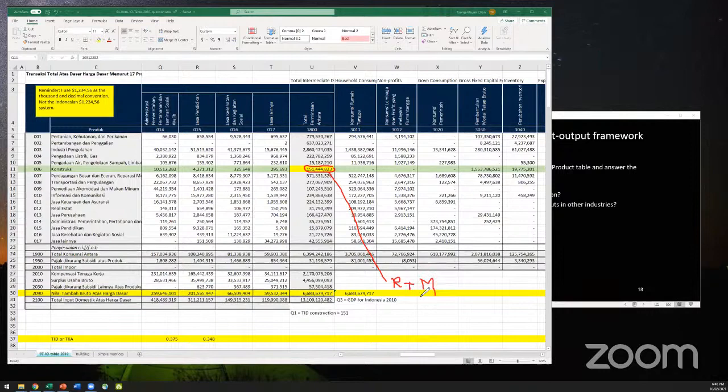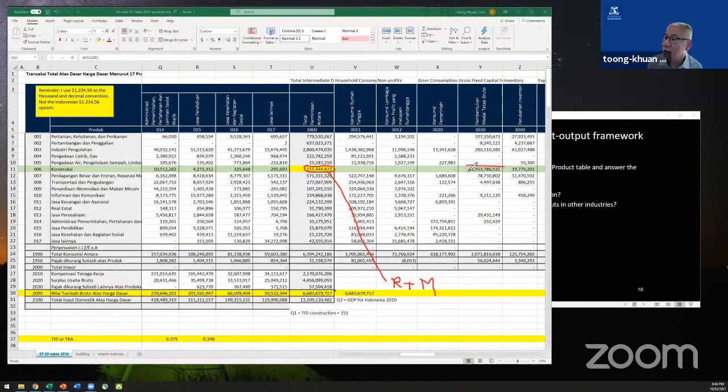All right. In Europe, in the UK, repair and maintenance is a very large proportion of the construction industry output. R&M can be as large as gross fixed capital formation.